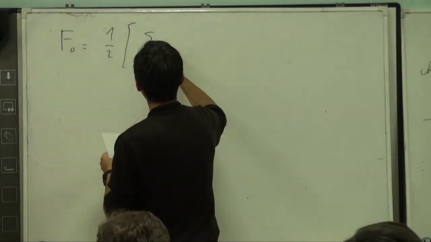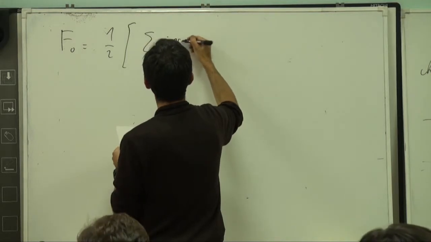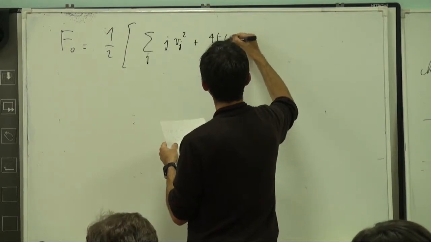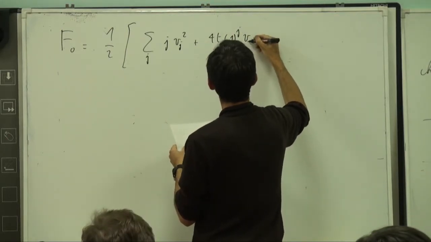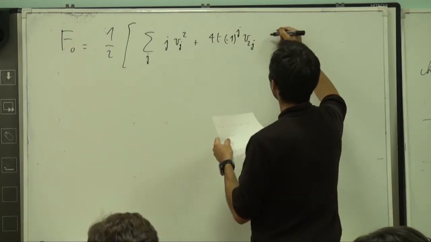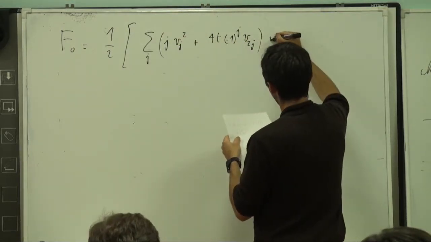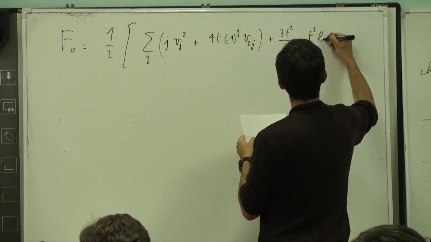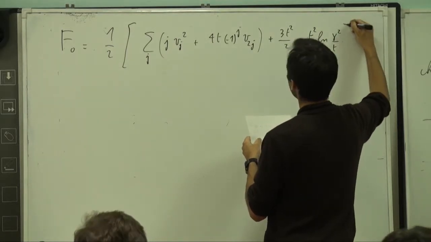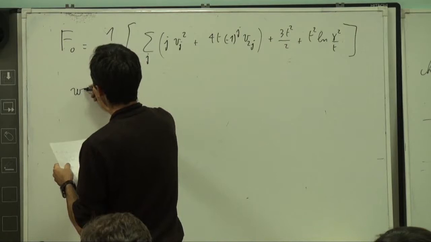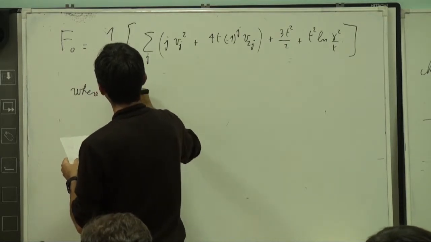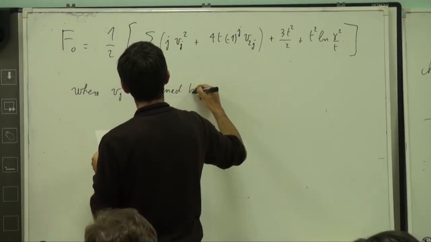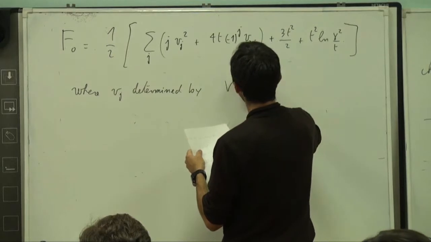Sum over j of j vj squared plus 4 times minus 1 to the j v2j plus 3t squared over 2 plus t squared log gamma squared over t, where vj is determined by V of x.